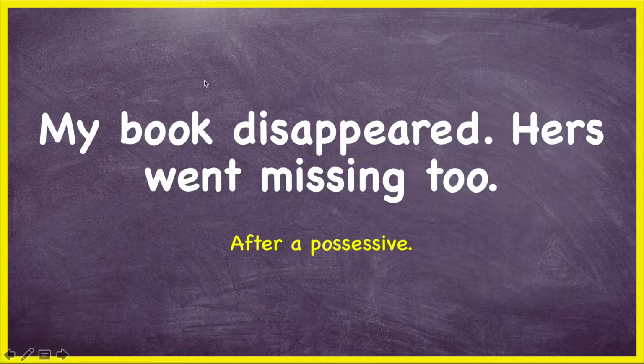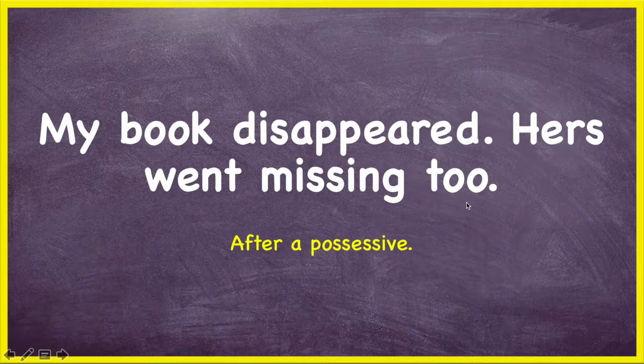If we included it, we would say my book disappeared, her book went missing too. But because we don't include the word book, we need to change this word to make it hers, right? Because we wouldn't say hers book. We would say her book. But we can't say her went missing too. We need to say hers.